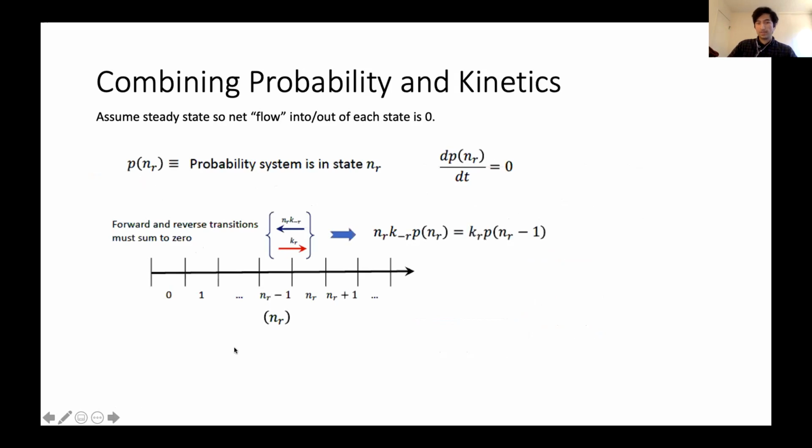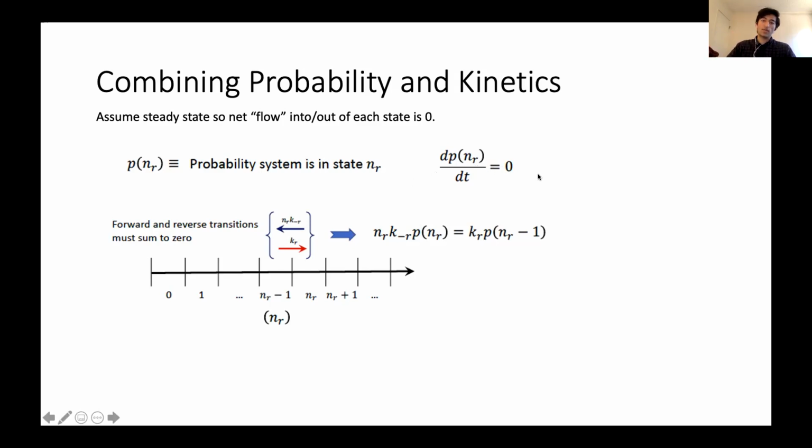And so again, this is from your lecture slides, but because we know that the net flow is equal to 0, then that means if we let the process of mRNA transcription and degradation just happen by itself, then eventually it will arrive at some steady state where the numbers of mRNA usually aren't changing too much, but specifically in our case, the probabilities of being in each state aren't fluctuating by a whole lot.